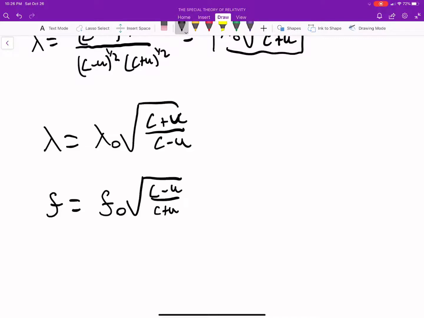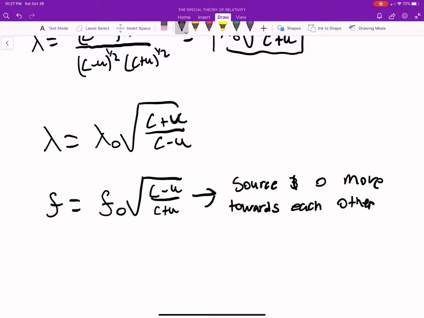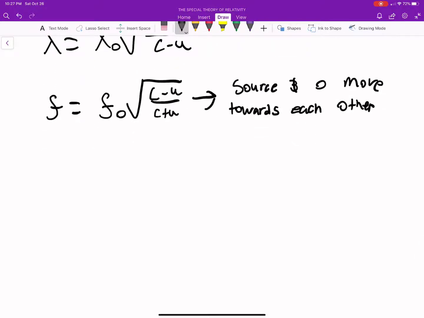Okay. This is when the source and O move towards each other. And then f equals f naught square root of c over c plus u.